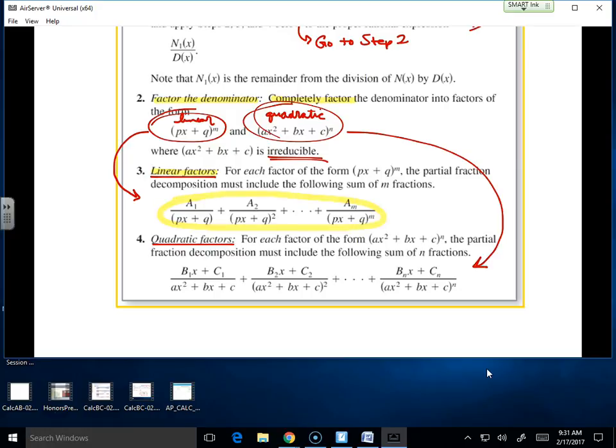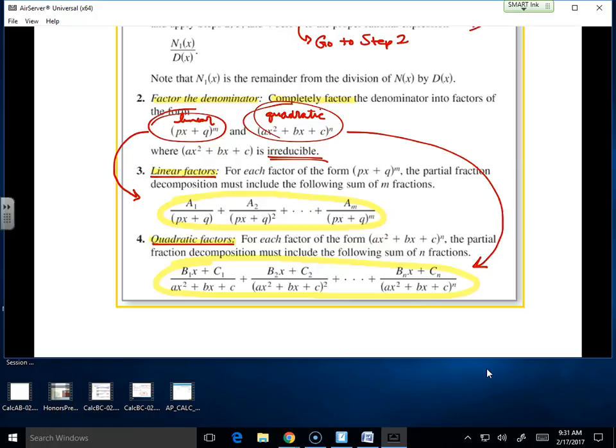If you have quadratic factors, then you write partial fractions in this form. The problem is we're not going to know the A's, B's, and C's. So that's what the rest of the section is all about. How do you find the missing pieces?